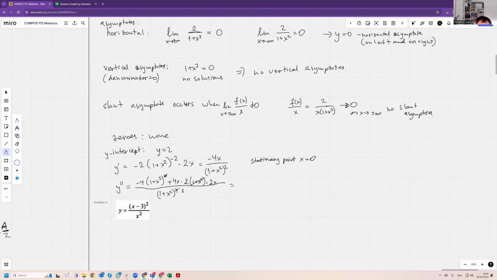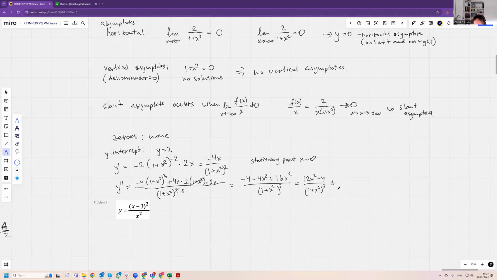So this becomes minus 4 minus 4x squared plus 16x squared, divided by 1 plus x squared cubed. That's equal to 12x squared minus 4 over 1 plus x squared cubed.